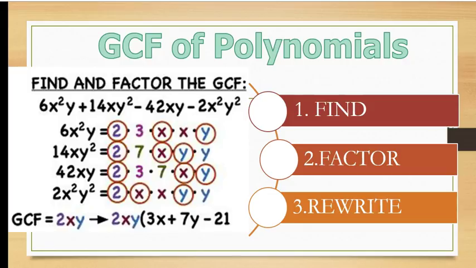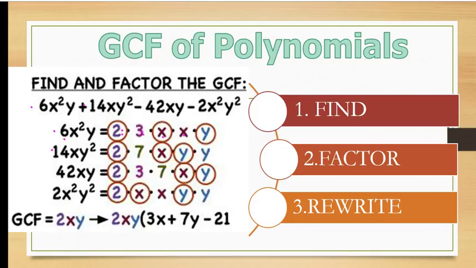The first thing you want to do is find and factor the GCF. Break it down, we're going to look at each individual term. You can see the terms written here. Here's the first term, here's the second term. So we're going to write out all the factors. 2 times 3 gives us 6.